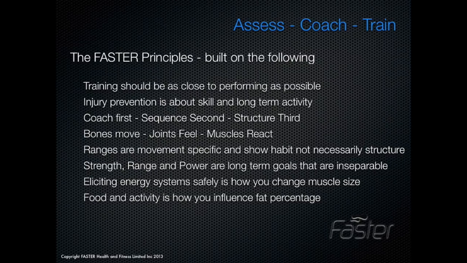Injury prevention is about skill and long-term activity. So what essentially we mean is that your body has an inherent strength around each joint, which is not related to how much you can lift, but is around the tension and the stiffness in the tissue, which will either allow you to tear or stop you from tearing when you get to a position where an injury could occur.